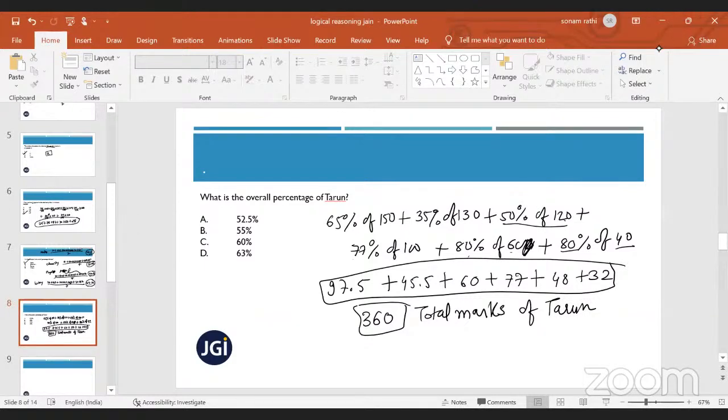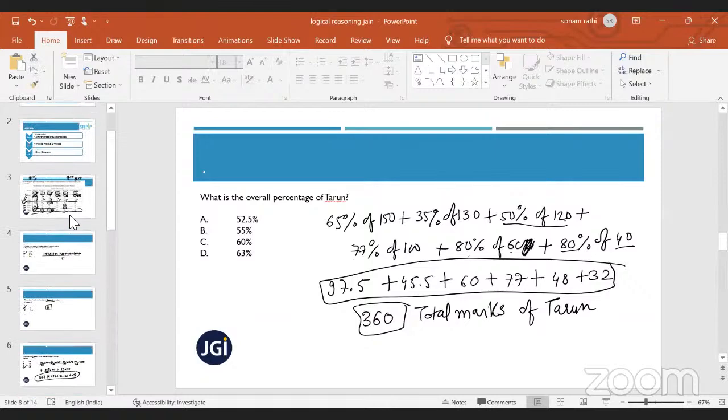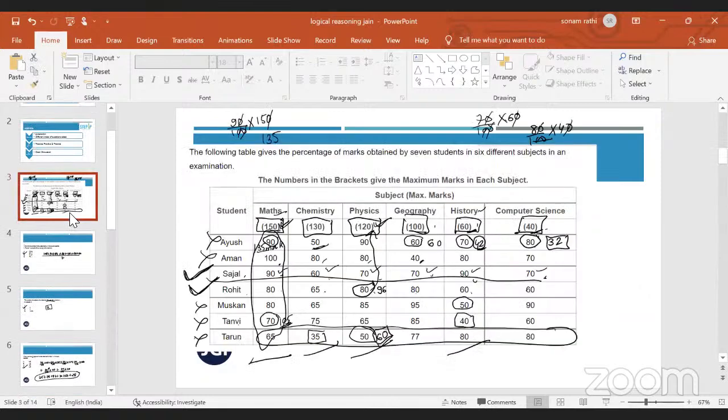Now tell me, what is the total marks of the exam? Maths paper was 150 marks. Chemistry paper was 130 marks. Physics paper was 120 marks. Geography 100, History 60, and Computer Science 40. Add it.